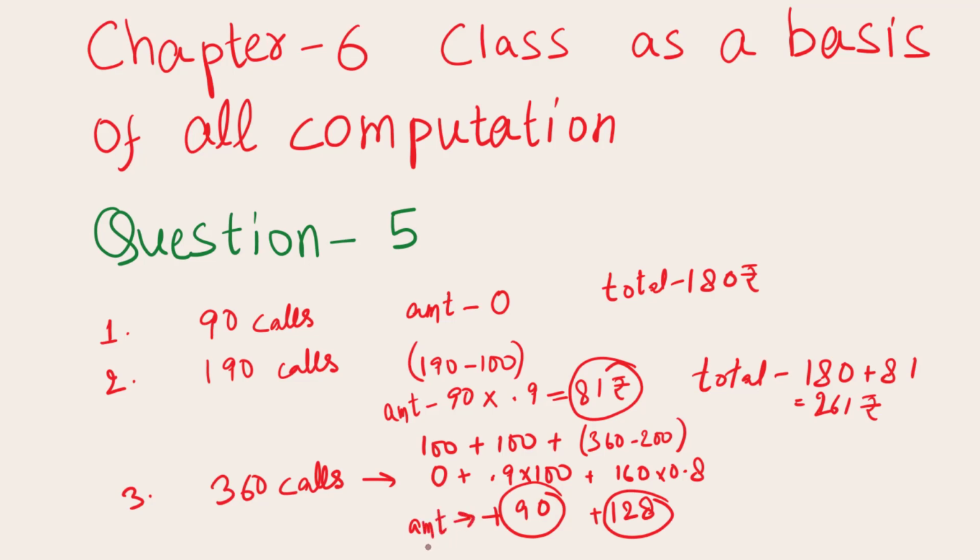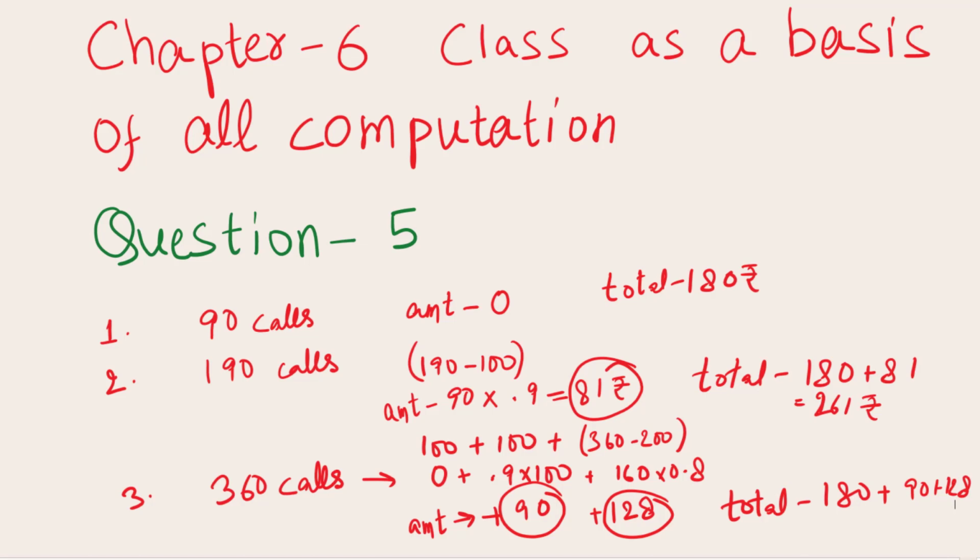This is the charge for the calls you have done, but the total will be what? Total will be your basic, which is 180 rupees, plus this. So just add it quickly, 90 plus 128. I'll use the calculator here.